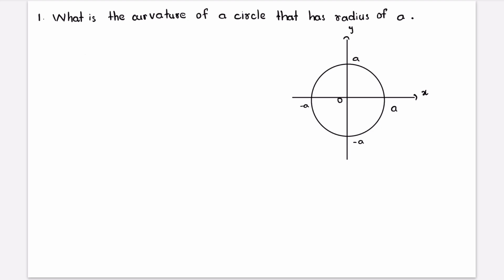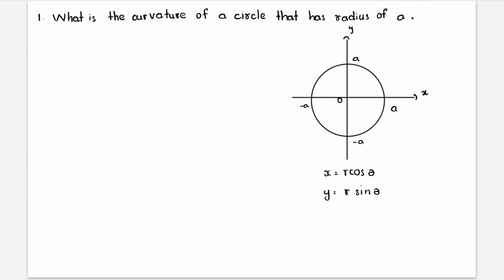So when using the parametric equation, we can know that x is equal to r cos theta, and then y is equal to r sin theta, right?